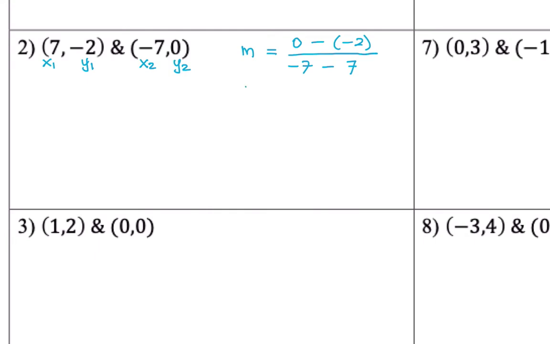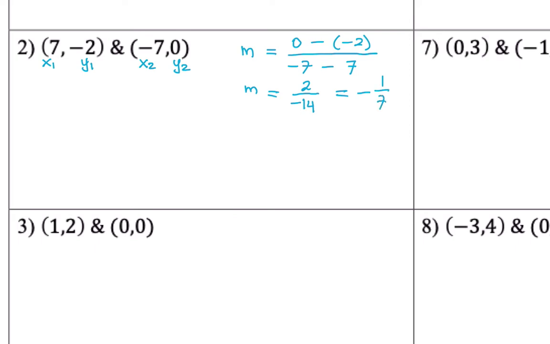When we simplify it, subtracting a negative is plus, so 0 plus 2 is 2, and then negative 7 minus 7 is minus 14. Positive over negative is negative, and then 2 over 14 is 1 over 7.